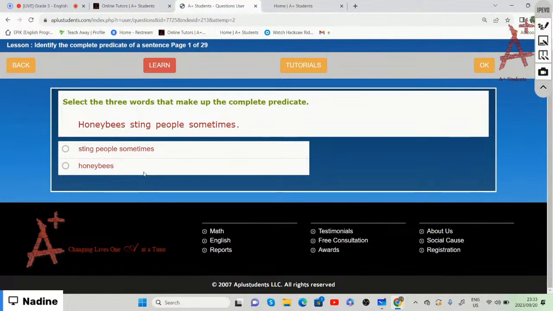Honeybees sting people sometimes. We need to select three words that make up a complete predicate. If we choose the correct predicate, then yes, that is correct.